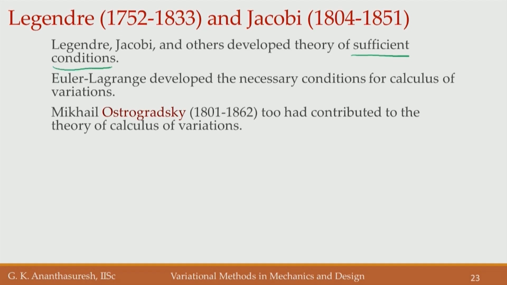While Euler-Lagrange equations give you the necessary conditions, the Jacobi condition and Legendre condition give you sufficient conditions. In between, a Russian mathematician, Mikhail Ostrogradsky, also contributed to calculus of variations. If you look at some of the Russian books now, they actually call them Euler, Lagrange and Ostrogradsky equations.